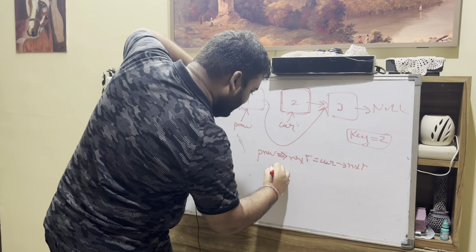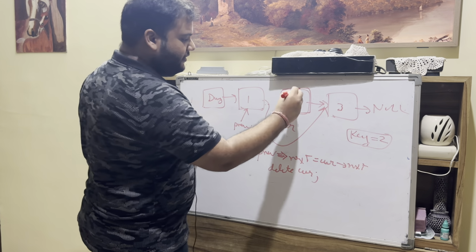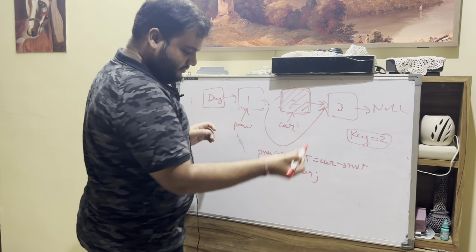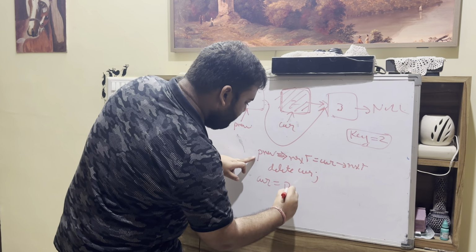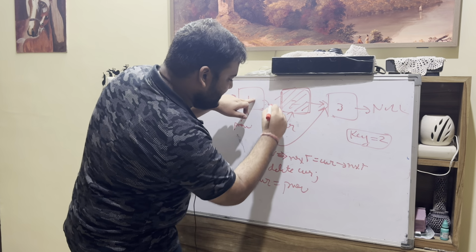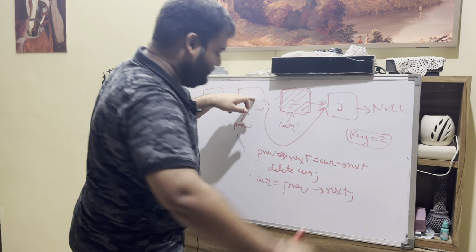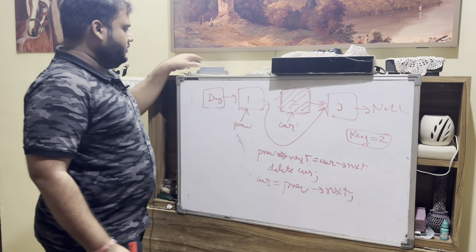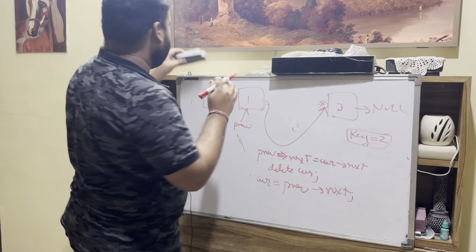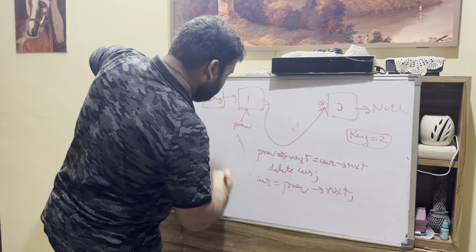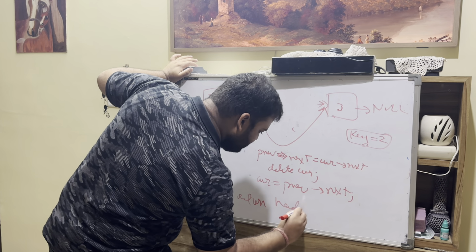So what we need to do, delete current, that is, this memory is free, and after this we will do simply current equals to previous next. And then we just simply return the updated list head.